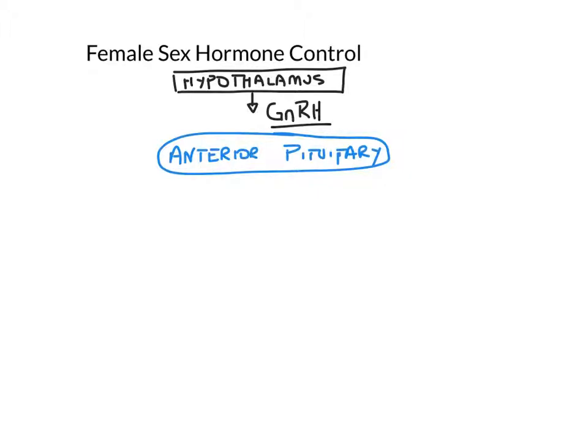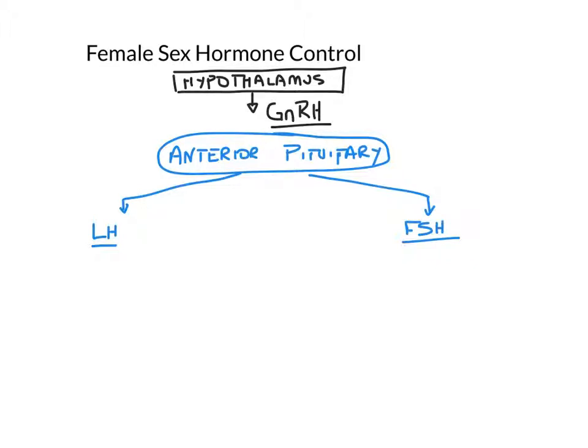And the anterior pituitary releases the two gonadotropins, which is LH and FSH. And remembering LH is the luteinizing hormone and FSH is follicle stimulating hormone. They both act on the ovaries and ultimately they go down and deal with the ovaries.